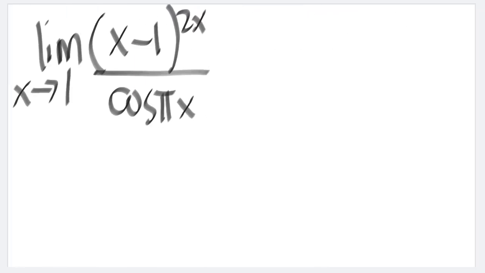Now we can use the distributive law, or what we call the distributive property.